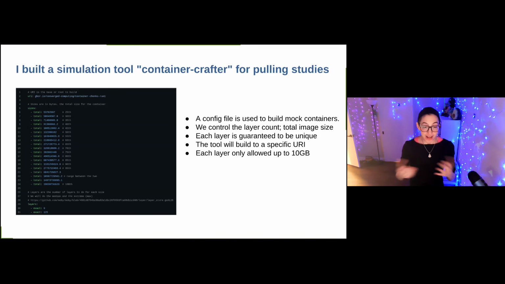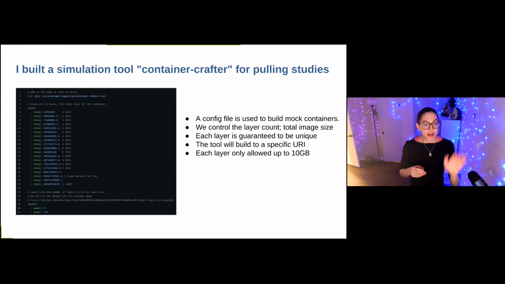So I had this question, and I built a simulation tool called Container Crafter specifically for these kinds of studies. And the basic idea is that you start with this configuration file, and you say, okay, I want to test across all of these sizes, and then I want to test either this exact number of layers or this range of layers. And then the tool will actually build all those containers to a specific URI. Each layer is only allowed up to the registry limit, which is 10 gigabytes.